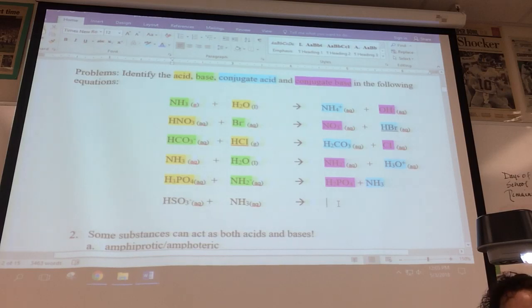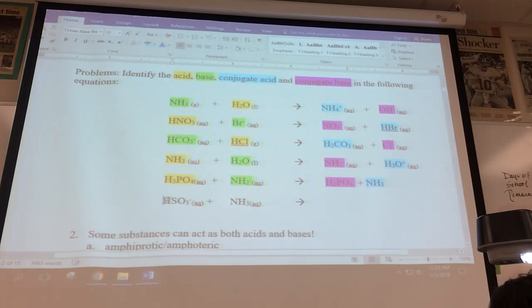Now this last one actually has 2 possible answers. What's the maximum number of protons that a sulfite ion can have? What's the charge on a sulfite ion? 2-. So the maximum number of H's would be 2.